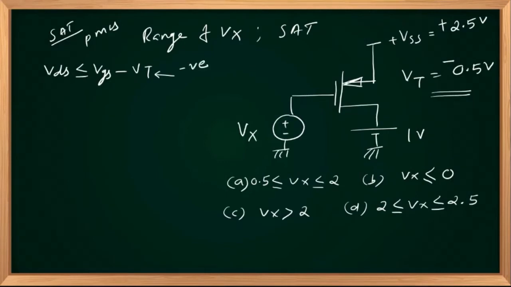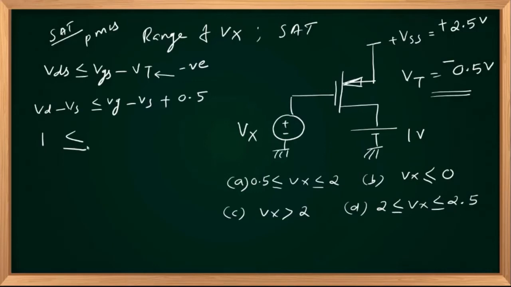That you should do carefully. So VD minus VS less than or equal to VG minus VS plus 0.5. VD is 1 volt. VS will get cancelled from both sides.